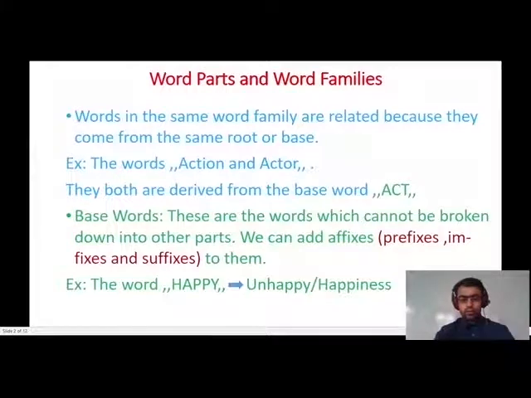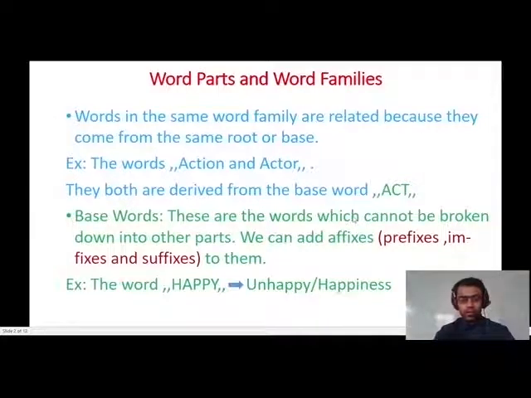There are some things we need to understand before talking about process essays, which are prefixes and suffixes. Before that, we will talk about some word parts and word families.